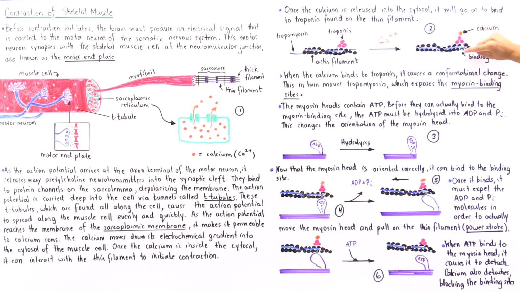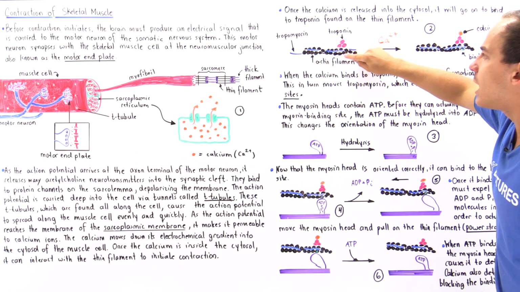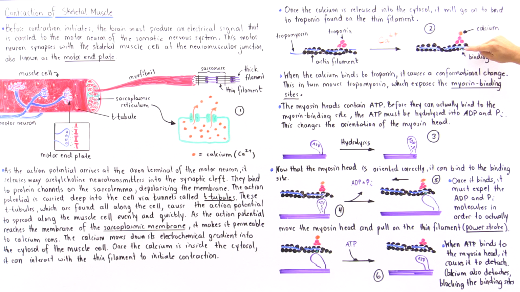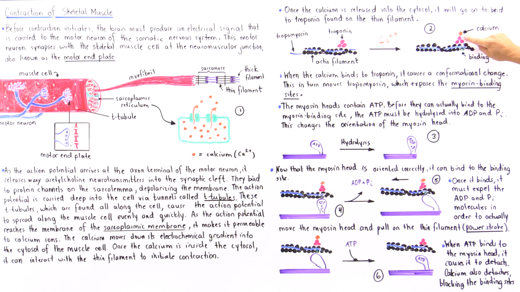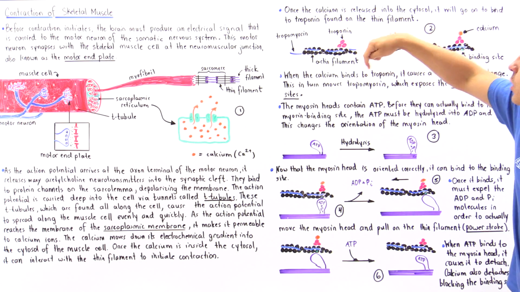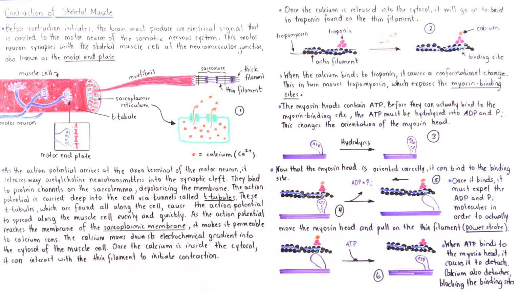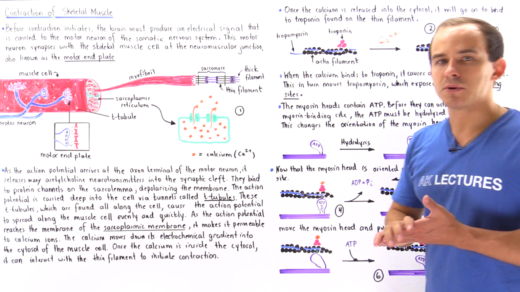So this green region, which was blocked on this diagram, is exposed as soon as our calcium binds onto our troponin. So this is our calcium, it binds onto our troponin, it changes its shape, which in turn changes the shape of our tropomyosin, and that exposes our myosin binding site. So this is step number 2.